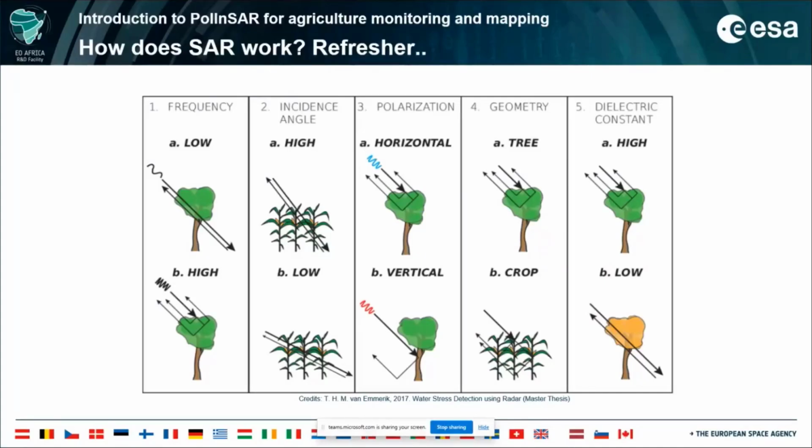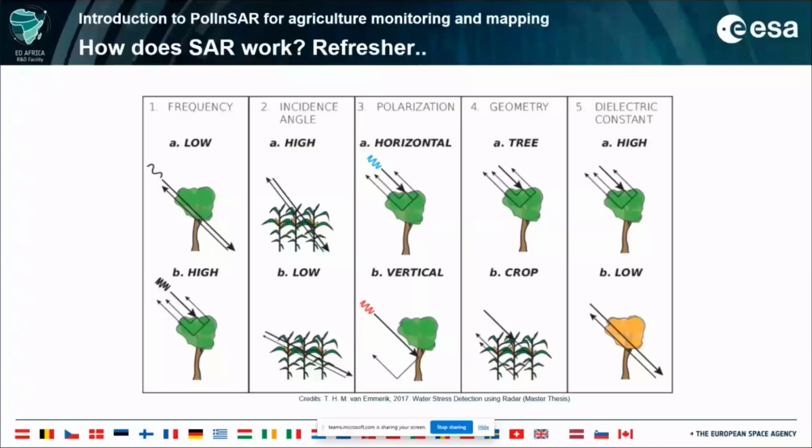Polarization is another concept that we will talk about in more detail later. So the cross-polarized signals capture volume scattering from branches and leaves, while the co-polarized signals, for example, horizontal-horizontal or vertical-vertical, are sensitive to trunk orientation. And there is also geometry that influences the signal received by the sensor.